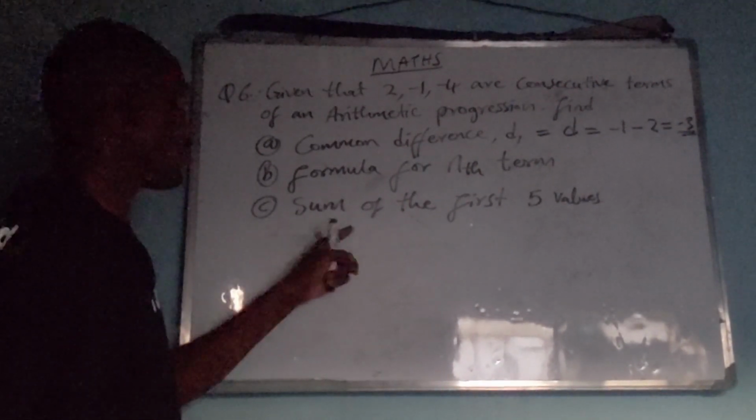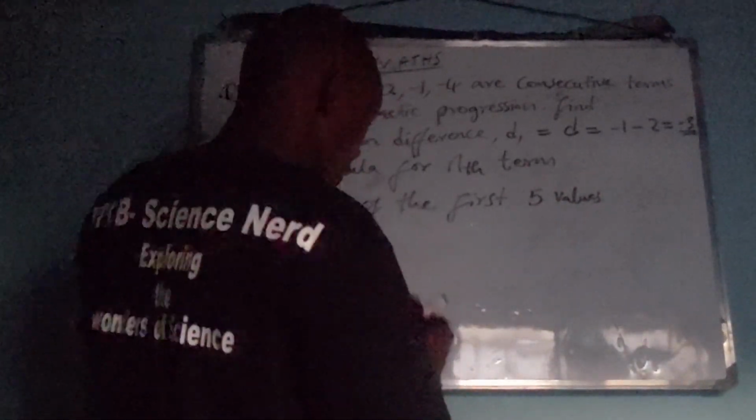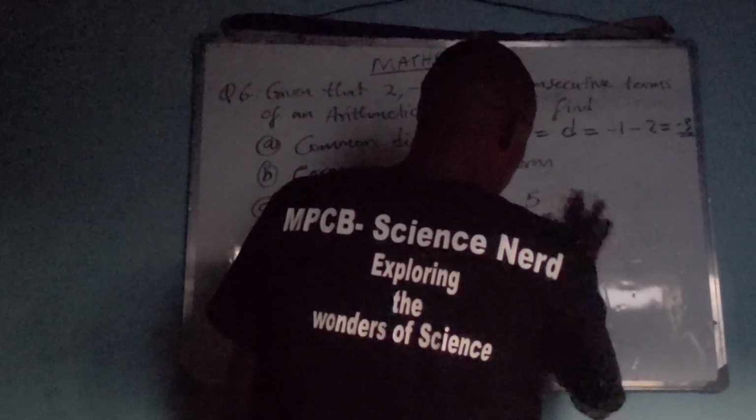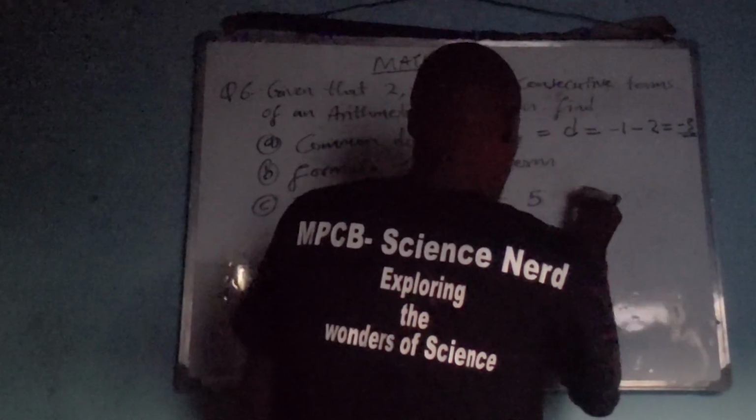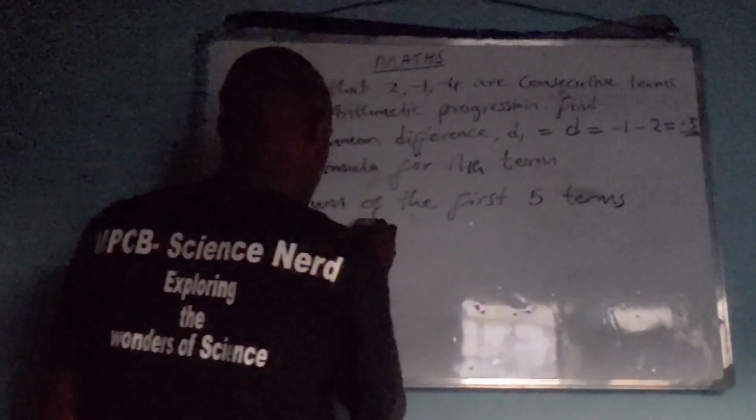Question number C. The sum of the first 5 values or terms. So let us use the word terms here. So 5 terms. Solution.